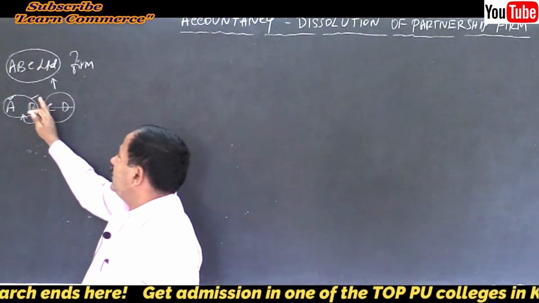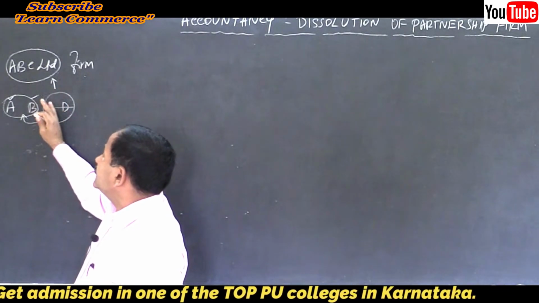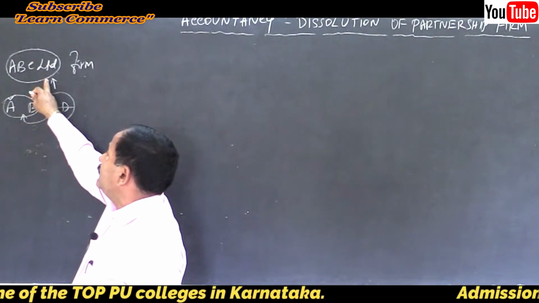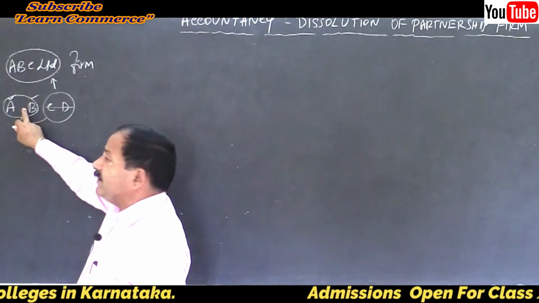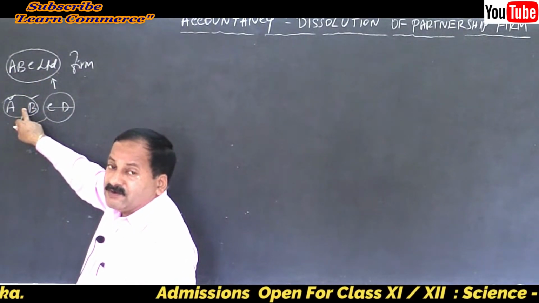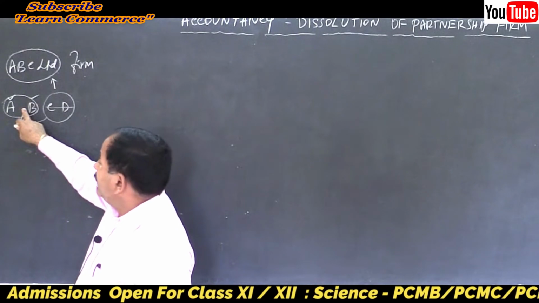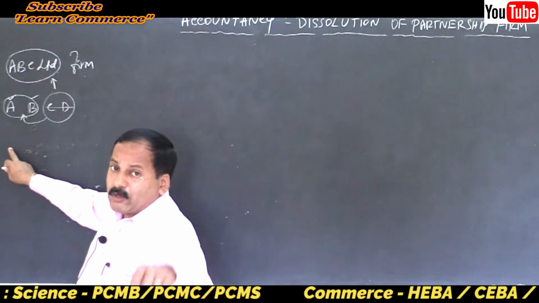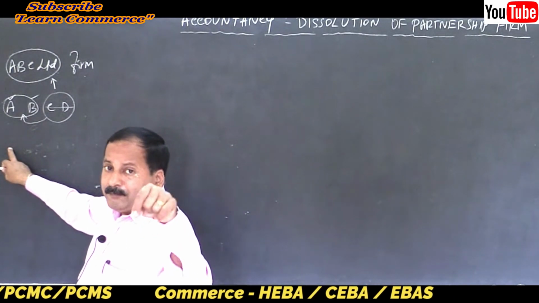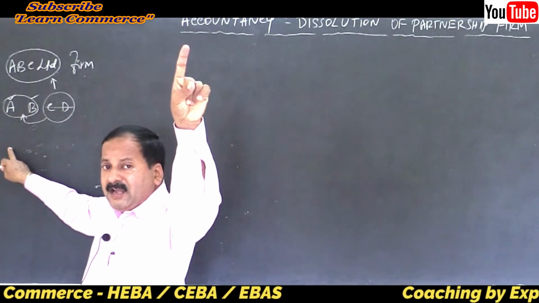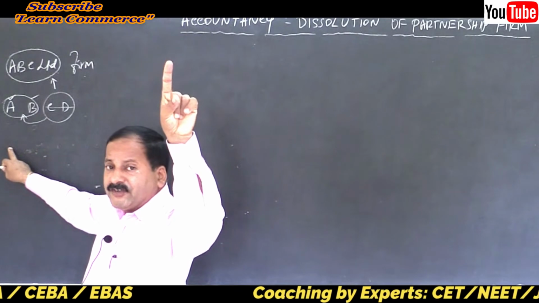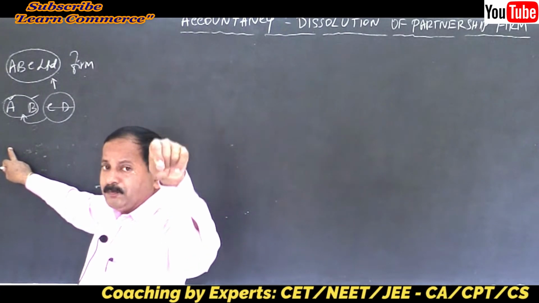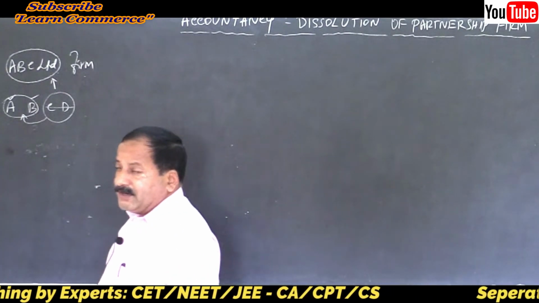So when one or more partners terminate their contractual business relation with the firm and with other partners, this is called dissolution of partnership, but the firm will continue the business. The remaining partners, as long as there is the minimum number of partners as per the legal restriction, that is a minimum of 2 partners, the firm can continue the business.